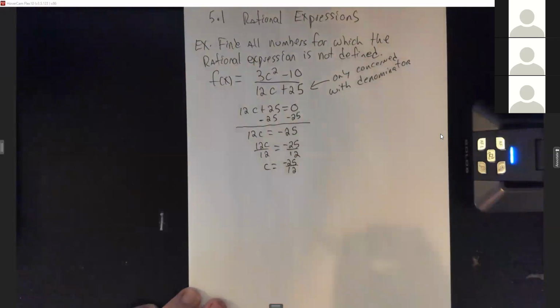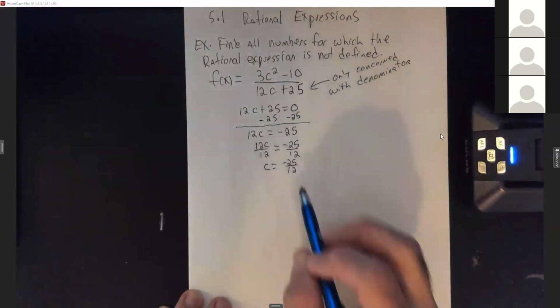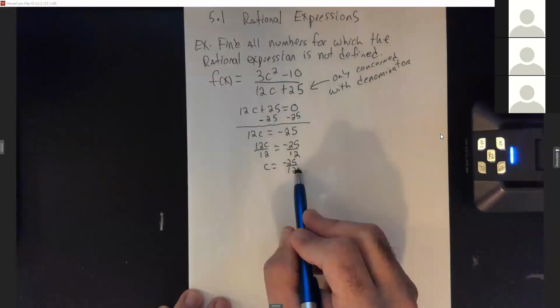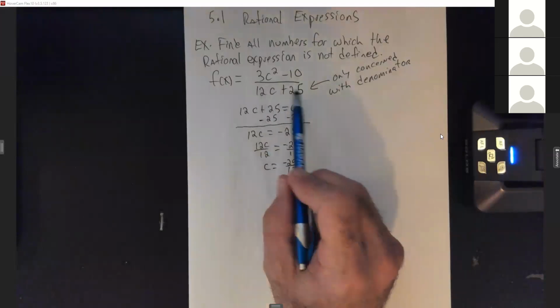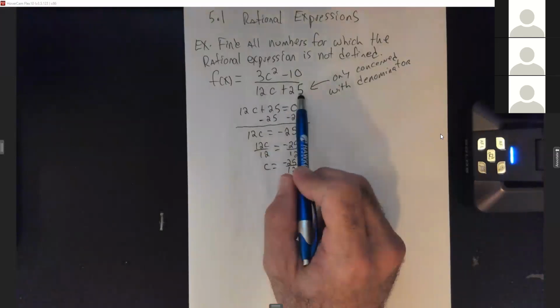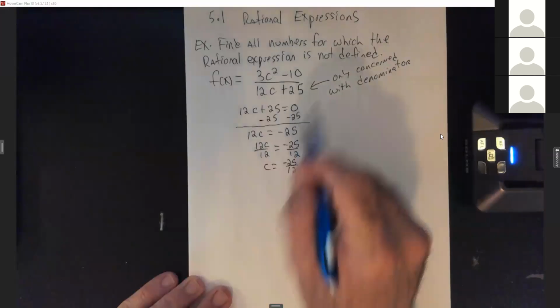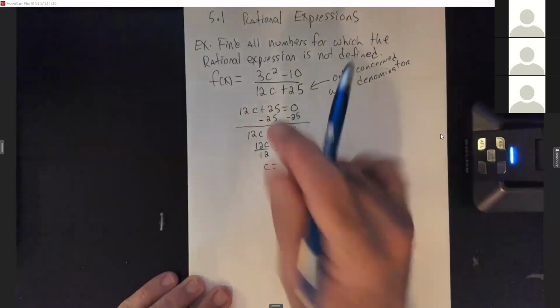So the only number that this expression is not defined for would be -25 over 12, because when you put that in for the c, the 12s cancel, and then the -25 plus 25 would make that 0. Okay, so this is the stuff that sort of got you ready for doing the domains.